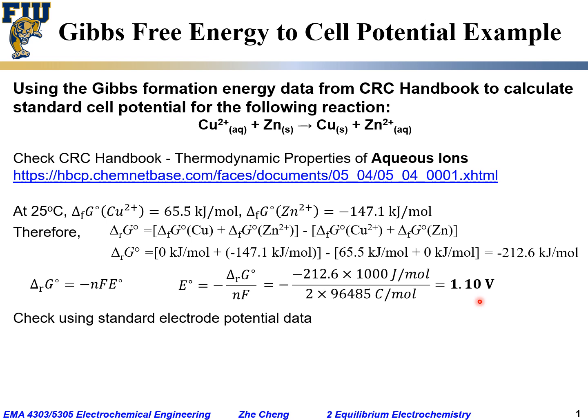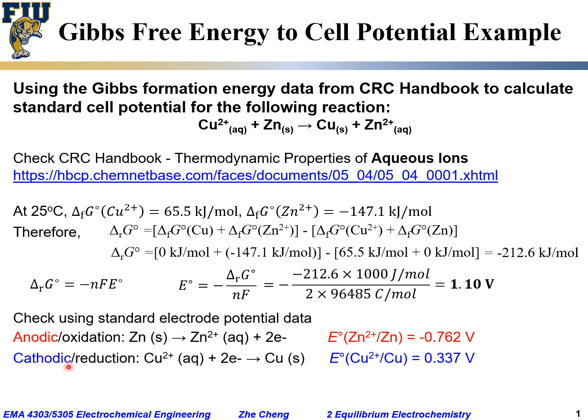Okay? Then let's check again using the standard electrode potential series data. The anodic or oxidation half-cell reaction for this reaction would be zinc metal giving out electrons and forming zinc ion. If you check the standard electrode potential series, the standard electrode potential for this redox pair, zinc 2 plus zinc, would be minus 0.762 volt versus SHE, the standard hydrogen electrode.